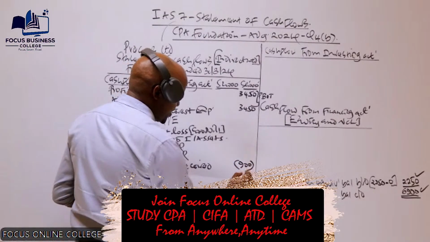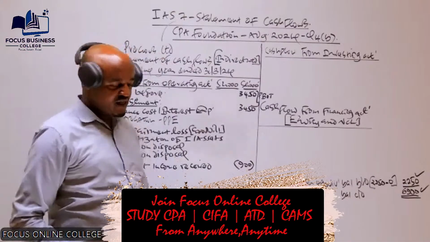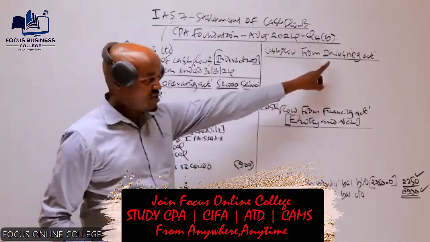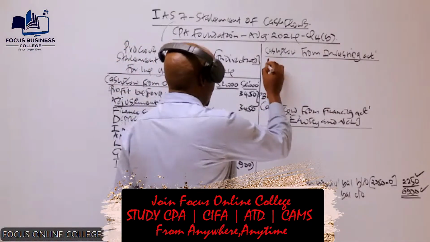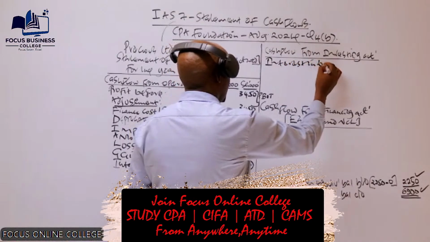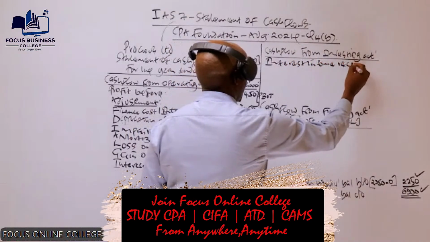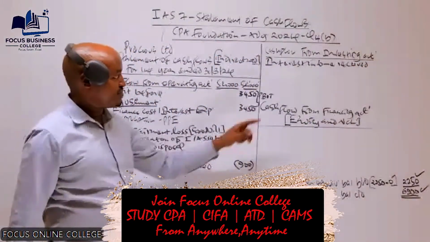The reason why we are raising this is because this is not an income from operation. This is an income generated by the company from investing. So you remove it from that profit, and then you include it here. So that is the interest income which was received. And remember, this is money which was received.